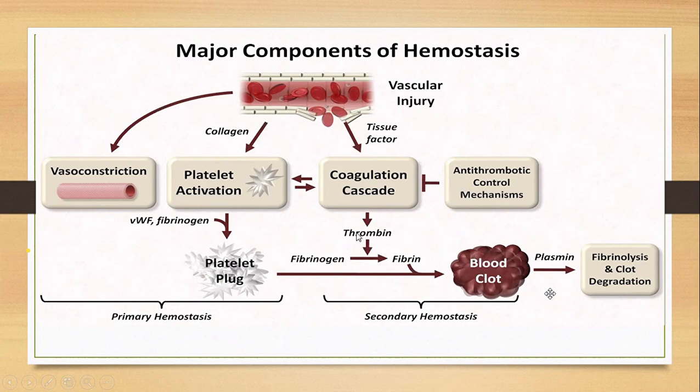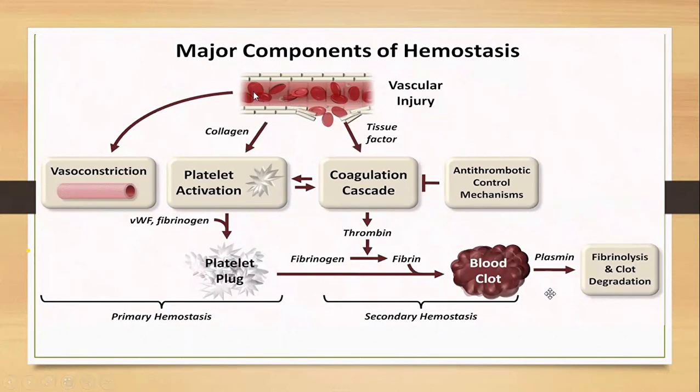So you have thrombin converting fibrinogen to fibrin, and then a fibrin mesh making up the clot, which can be dissolved by plasmin. Lysis of the clot and degradation. So this is secondary hemostasis. It starts with an injury to the blood vessel, so it loses its smoothness.